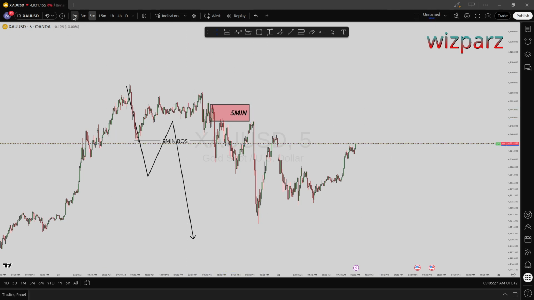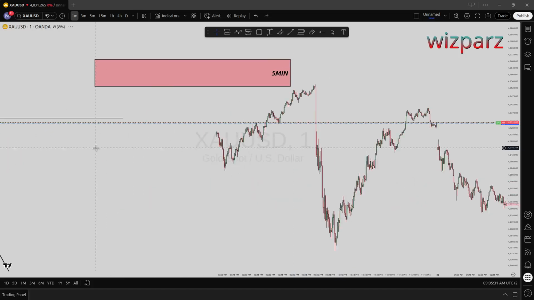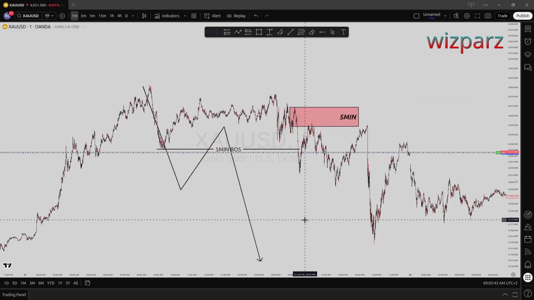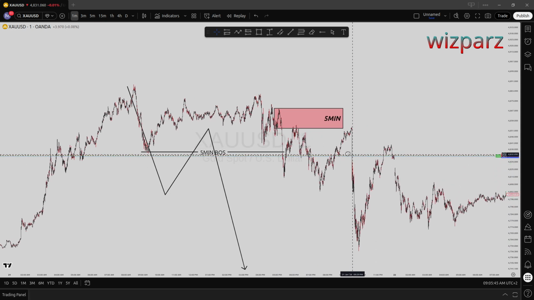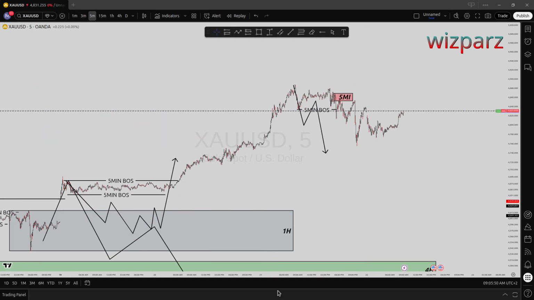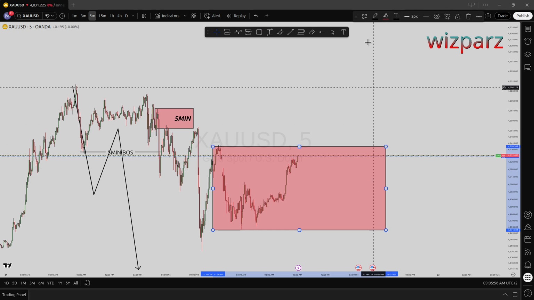But on 1 minute, after price gave us a 1 minute change of character at 6 p.m., this is not a low time frame, so I didn't take this trade. And right now we are still in the consolidation of 5 minutes, and I will wait for price to break one of this area, this level or this one.